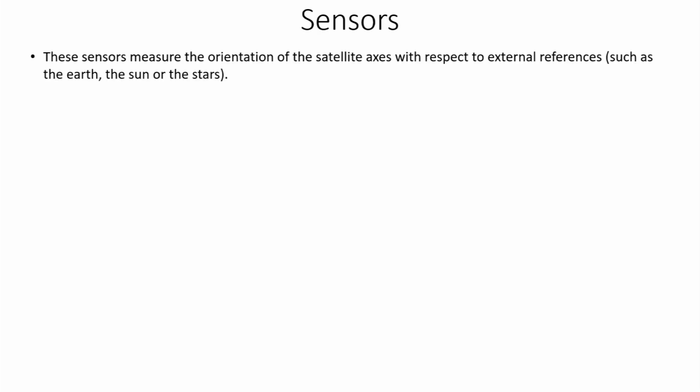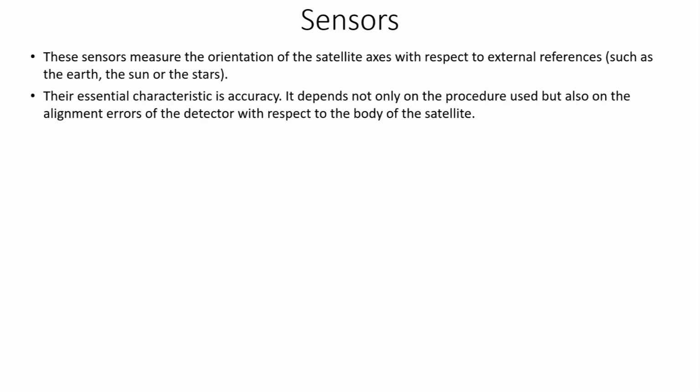Now, what are the different types of sensors used? Basically, these sensors measure the orientation of the satellite axes with respect to external references. Those external references are fixed and known, such as the earth, the sun or the stars.